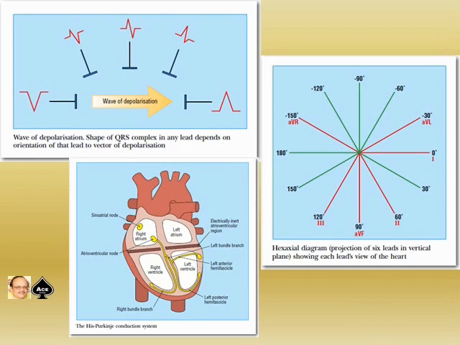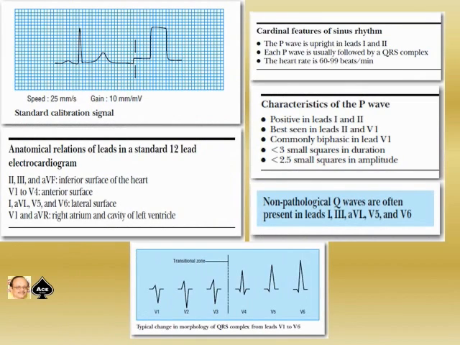For example, if it is 60 plus in 2, that means 120 minus. In other words, if you see a negative deflection in lead 2, it means it is minus 120. The details will be shown in one of the examples, which will be covered in another video session.